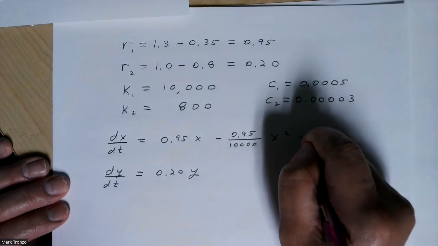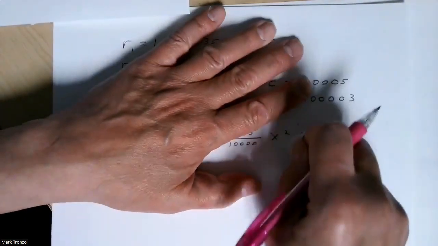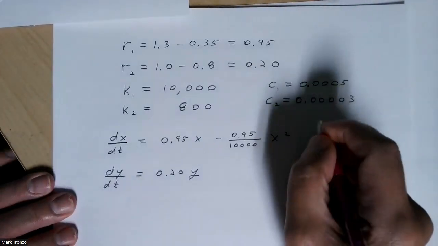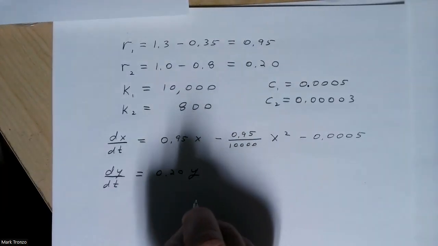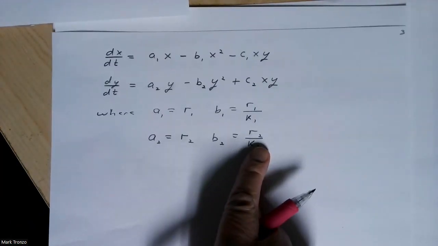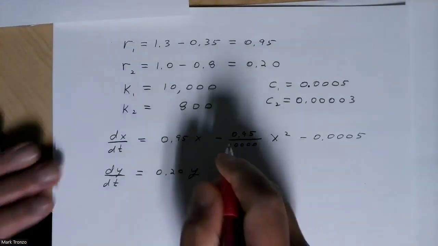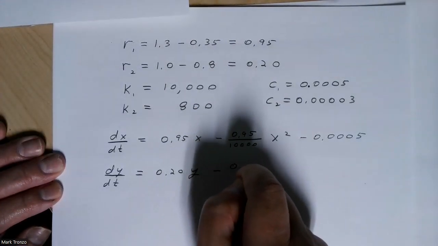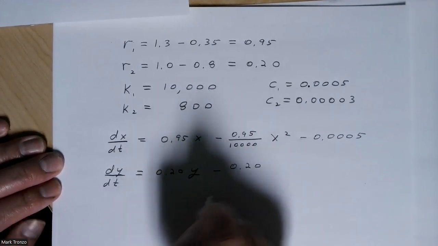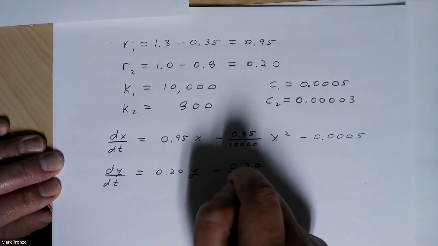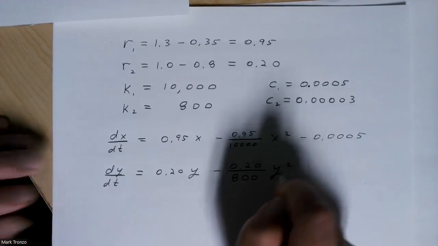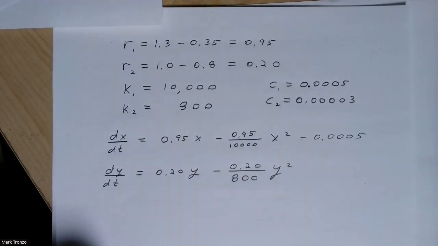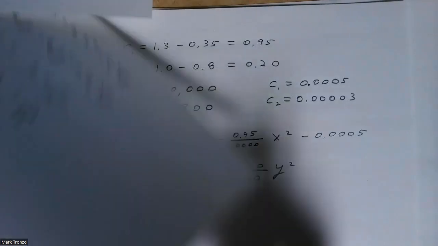And then we have the C1 term, which we have up here. That should be a minus. Then B2 was R2 over K2. And then finally our C2 term.